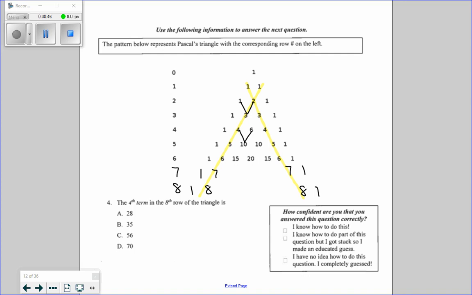Now, when I drew those lines in, did that help you see something? What if I drew lines in here, in here, in here? What's happening? They're adding. They're taking the two numbers that appear above it and adding them.